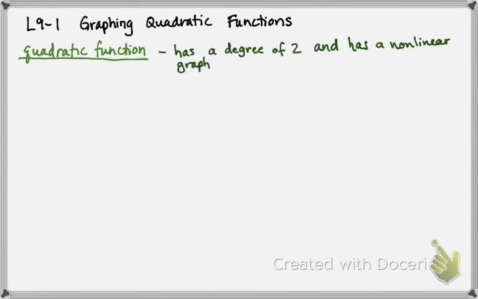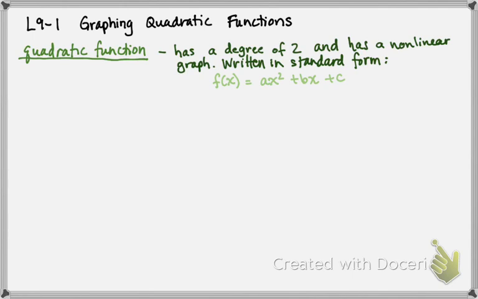And when it's written in standard form, and we've seen this standard form before, it looks like this: f(x) = ax squared + bx + c.